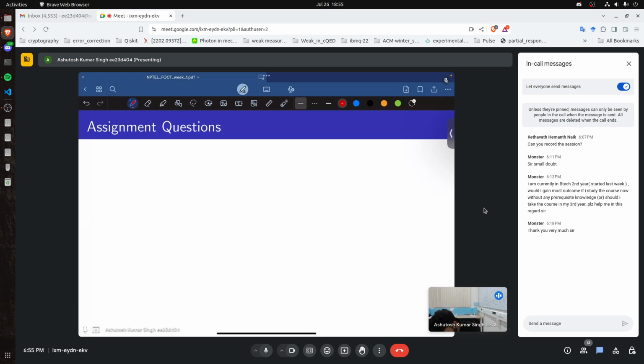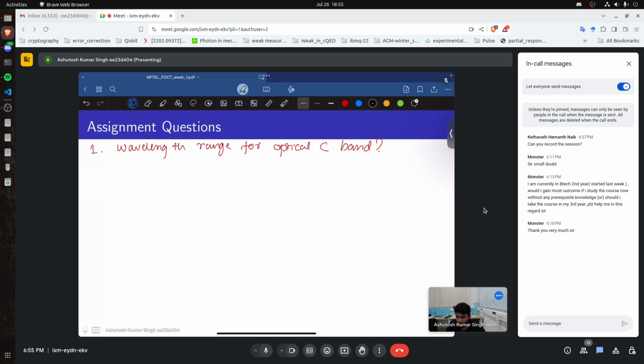So let us look at the first assignment question. The first assignment question asks, which of the following is in the optical C-band. The question is fairly straightforward.